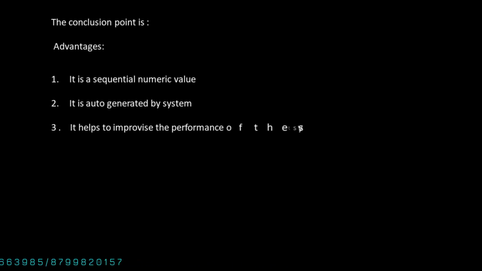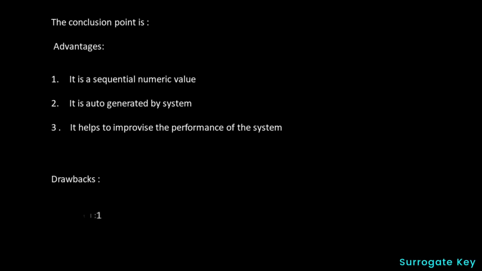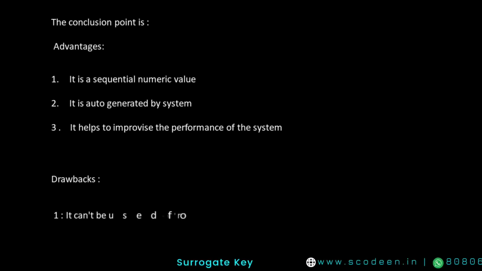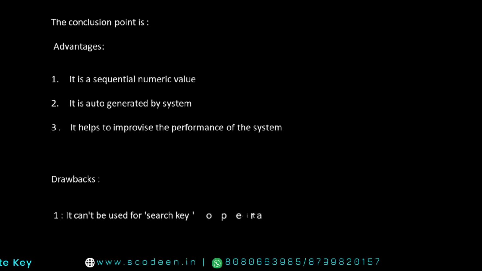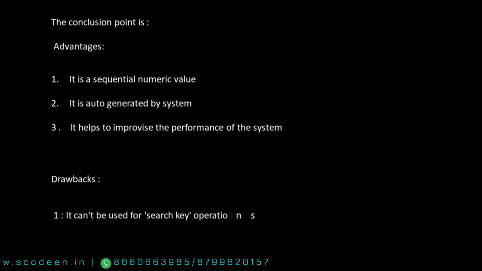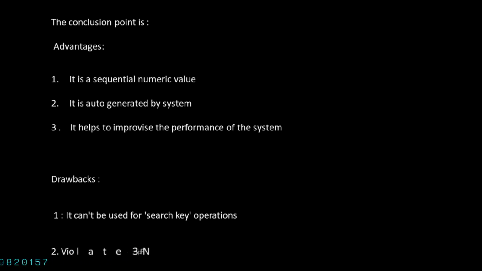Number 3, it helps to improve the performance of the system. The drawbacks are: 1, it cannot be used for search key operations. And number 2, it violates the 3NF principles, because it doesn't maintain any relationship with other tables.